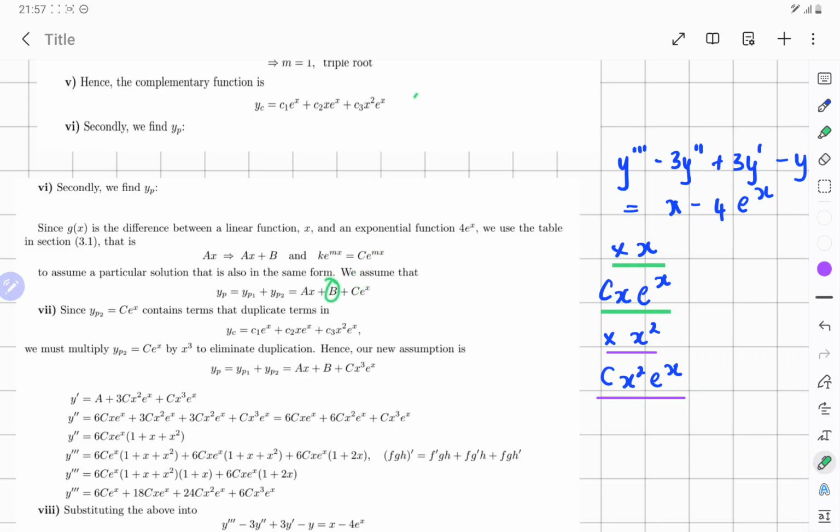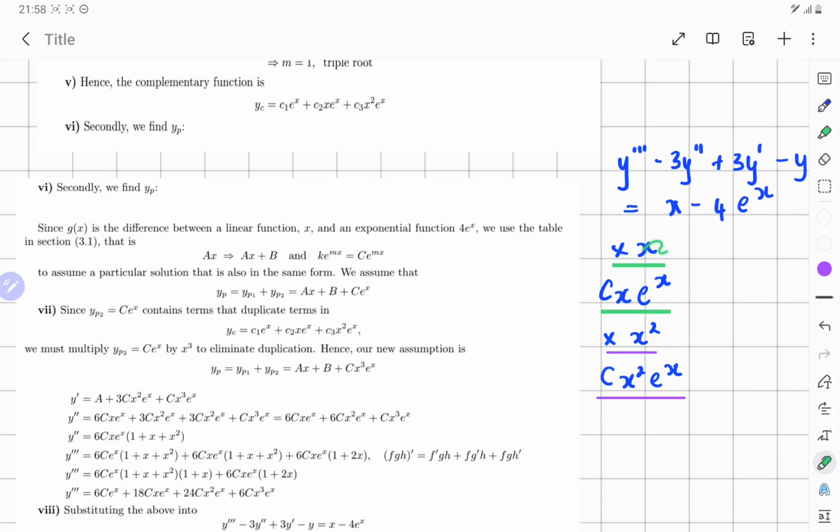My constant not repeated here. What do I see? C e to the x is repeated here. So just remember what I've just said. I must times by x to the power of n, where n is the smallest power that will eliminate duplication.